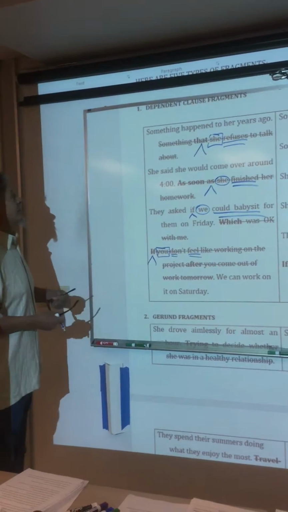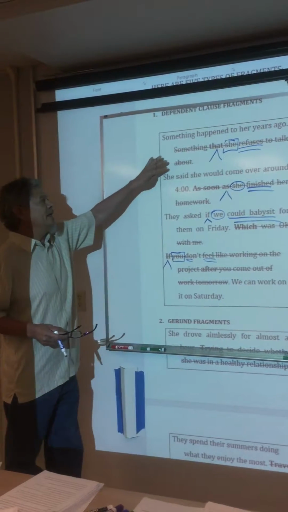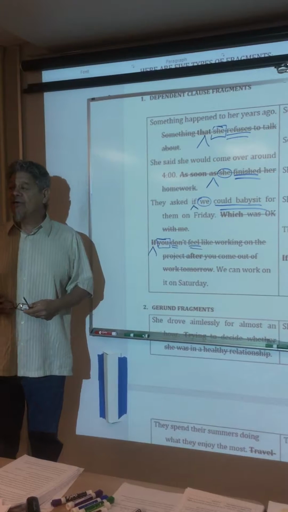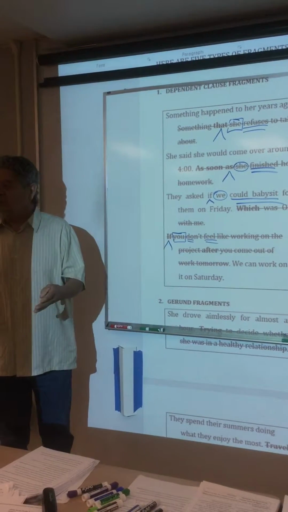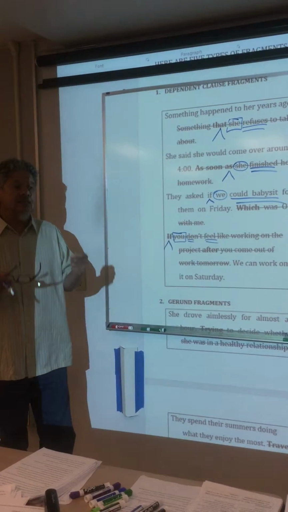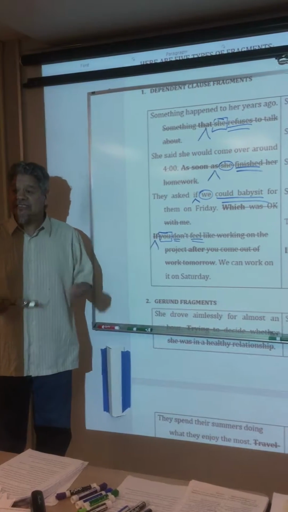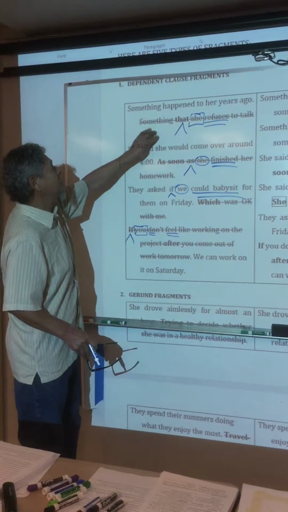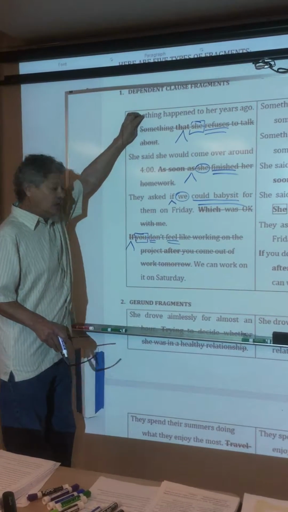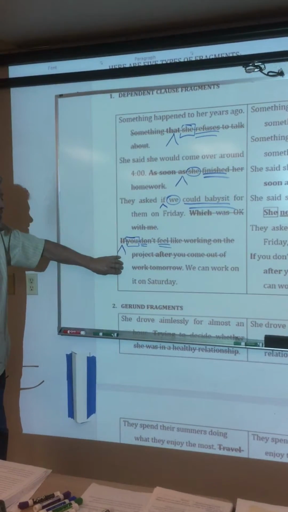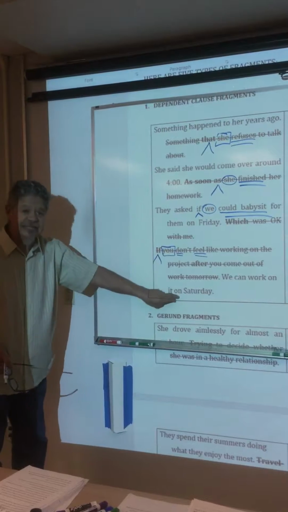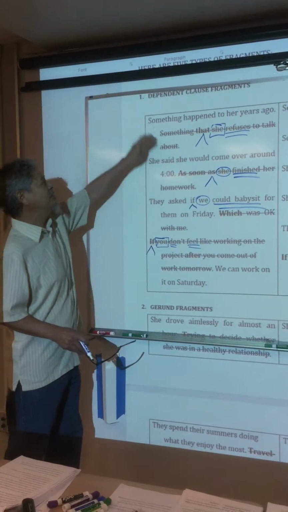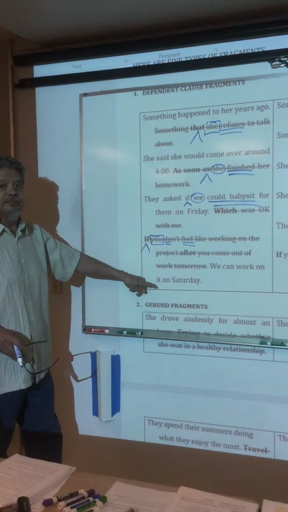And so, when we have sentence fragments, I mentioned before that what we have to do is connect the sentence fragment to a complete sentence. The sentence can be the one before, or in this case, it has to be the next sentence. So the complete sentence can be before or it can be after.